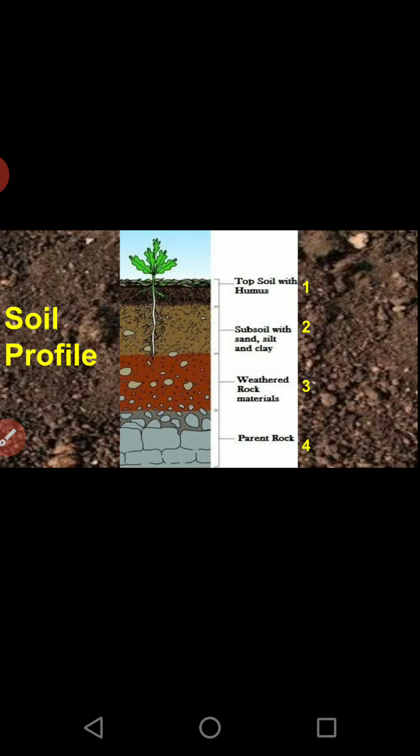For example, if I want to discuss alluvial soil, you have alluvial soil fully in your northern plain. Last year, if you remember how the northern plains were formed, you studied that the rivers from the Himalayas bring lots of sediment and deposit it into the northern plain.